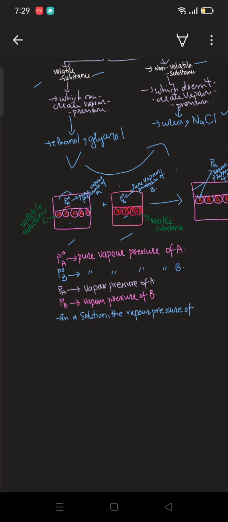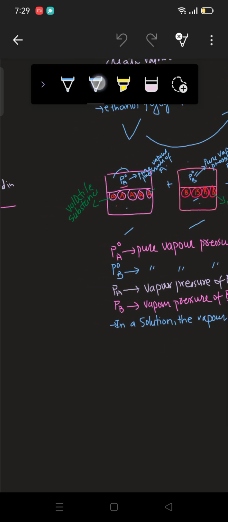After mixing, we got their partial pressures, right? Partial vapor pressure of A is denoted by PA and partial vapor pressure of B is denoted by PB, right? So then we started discussing Raoult's law, which is very important.